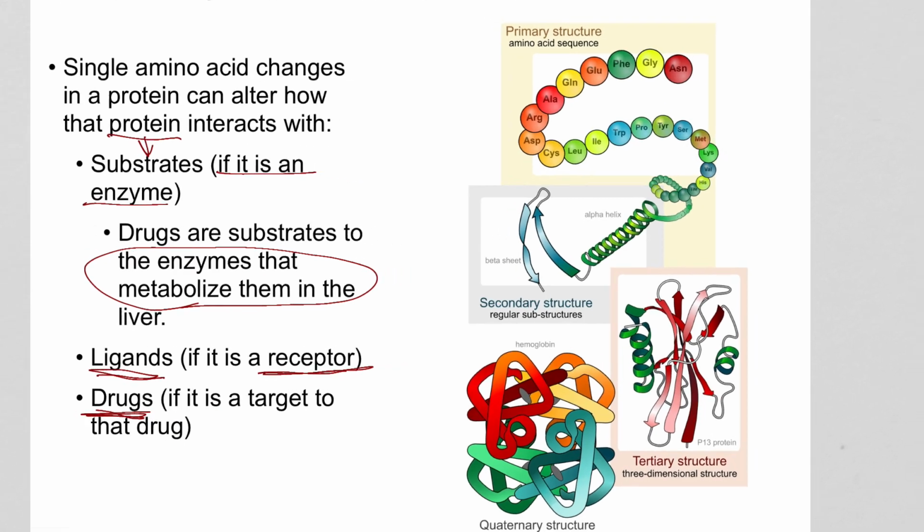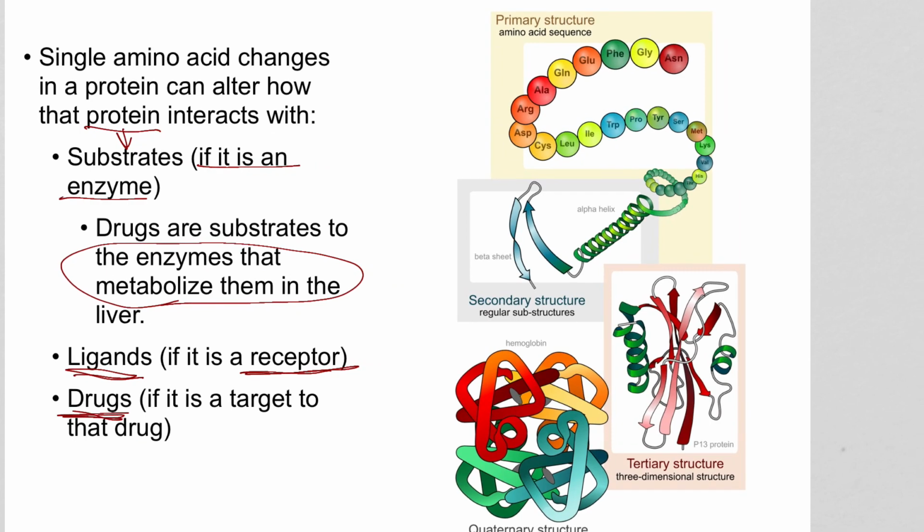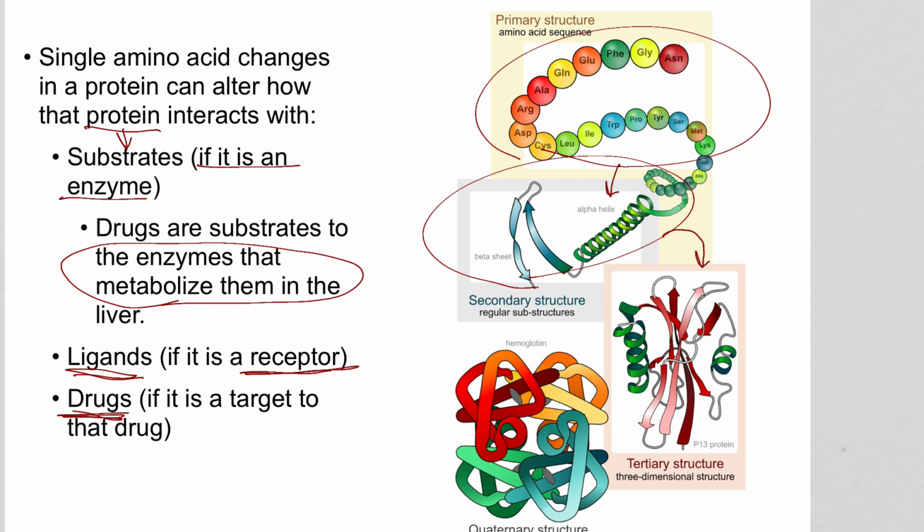And this setup is showing you, remember, our levels of protein structure. We start off by building a primary structure out of a sequence of amino acids. We fold those amino acids into secondary structures like alpha helices and beta sheets, and we further fold those structures back on themselves to make complicated three-dimensional structures that we call tertiary structures.